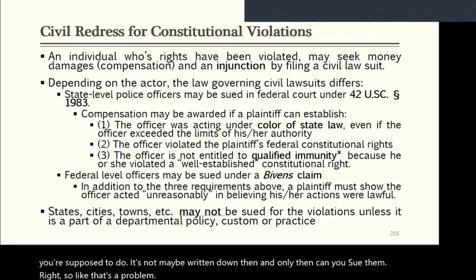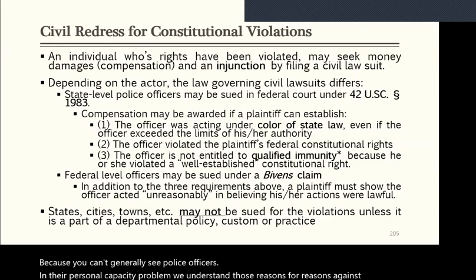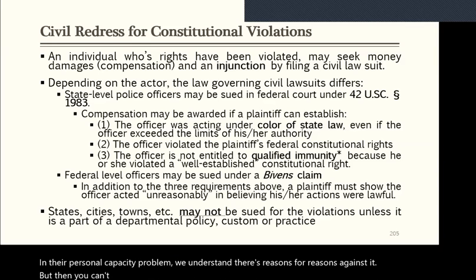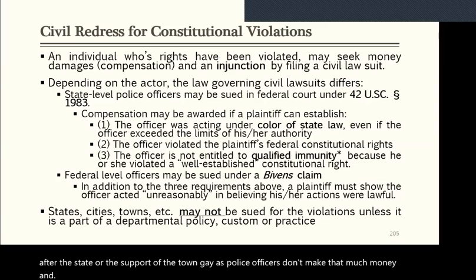Because you can't generally sue police officers in their personal capacity, right, and we understand there are reasons for it and reasons against it, but then you can't sue states, cities, towns, etc. Now, if you have a choice, you'd want to go after the state or the city or the town, because police officers don't make that much money, and you can't make a stone bleed, right?